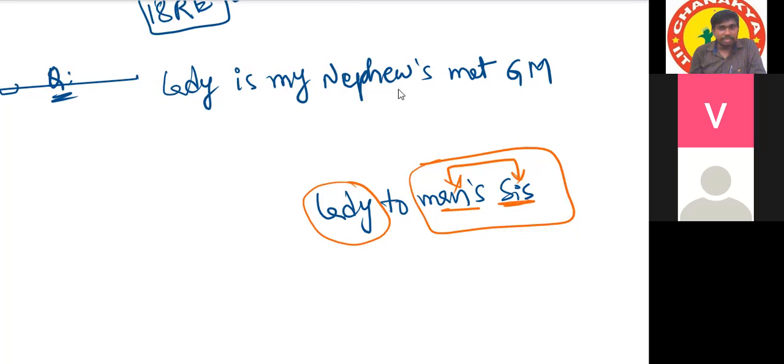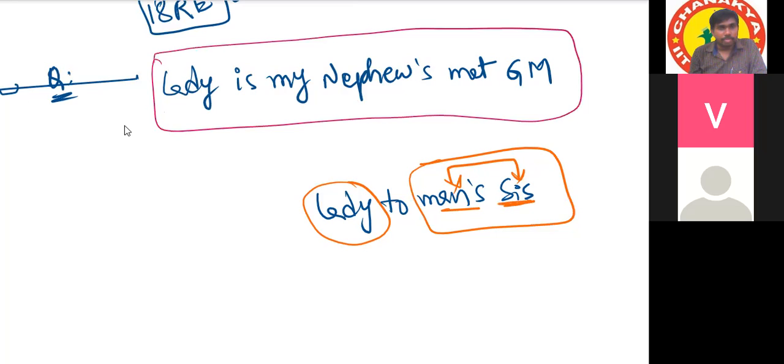Who is giving this statement? The man, right? Pointing to a lady in the photograph, this man is telling a statement.